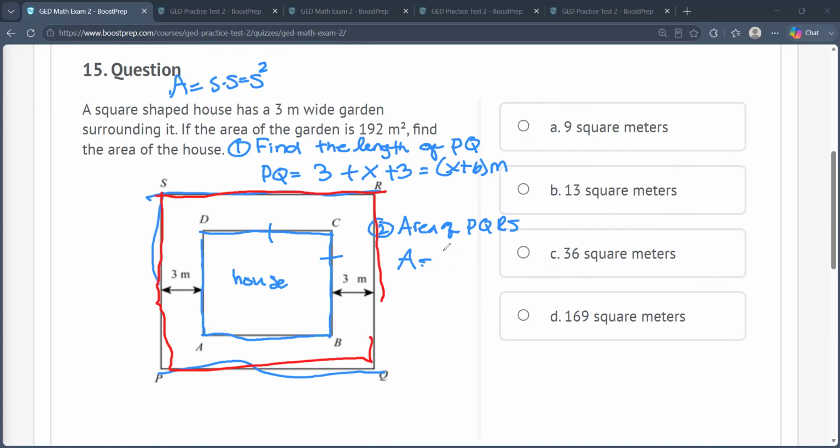The area of a square is side times side, or length times width. So do we know the length of PQ? Yes, it's X plus 6. We just found the length of PQ, which is X plus 6. So it's X plus 6 times X plus 6, or X plus 6 in parentheses squared.